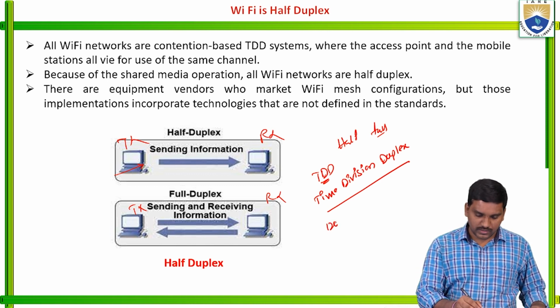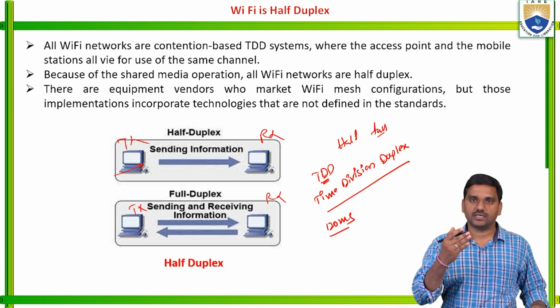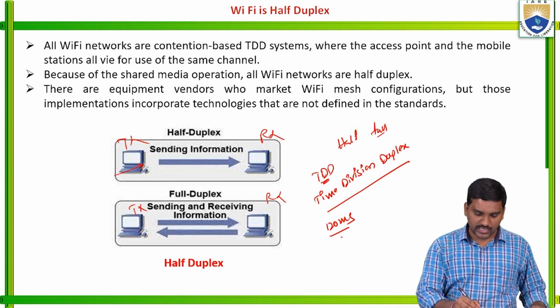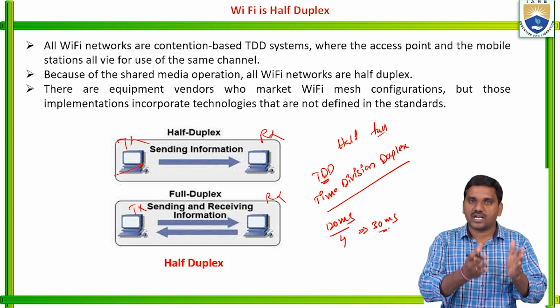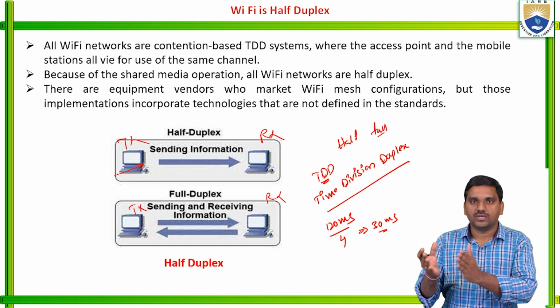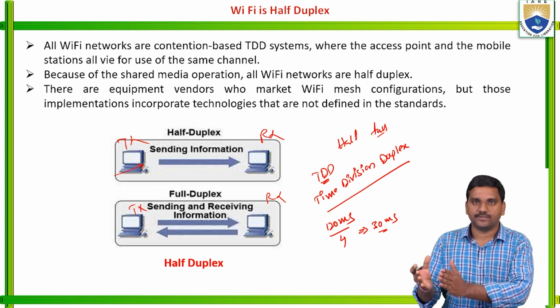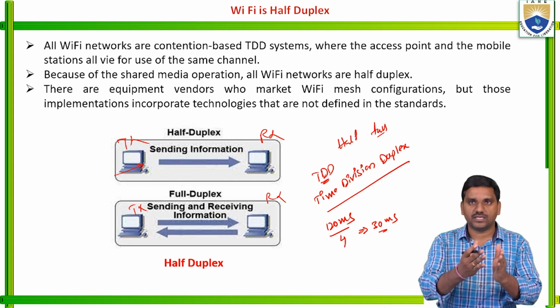For example, say 120 milliseconds is used to transmit some amount of signals, and the time slots are divided as per our channels. If there are 4 channels, then 120 milliseconds divided by 4 gives 30 milliseconds for one signal. The time slot is divided depending on how many channels are available. Based on this concept it works.